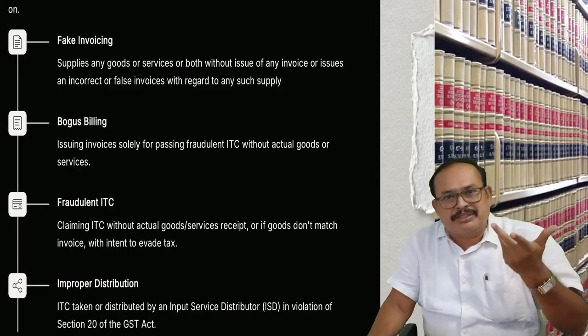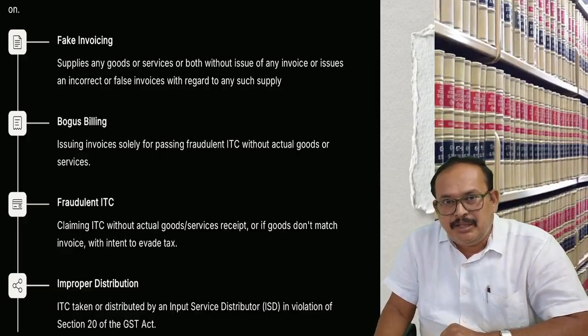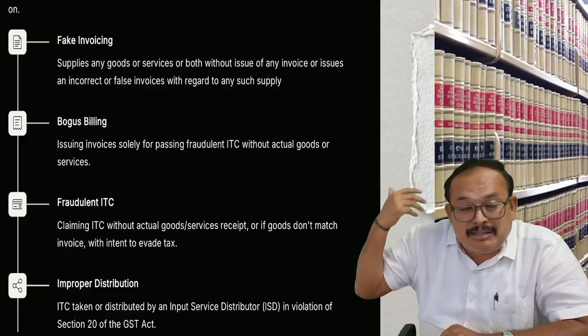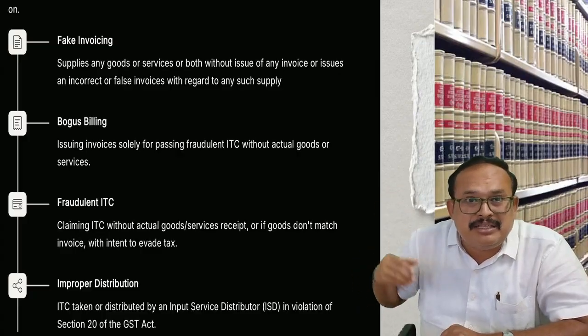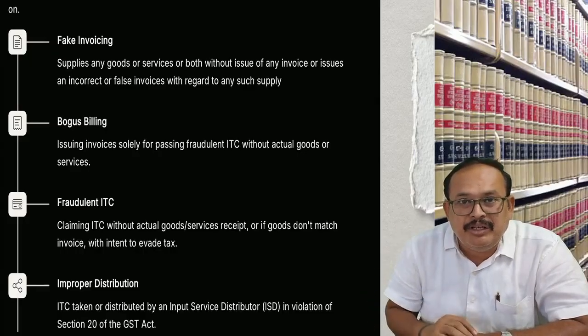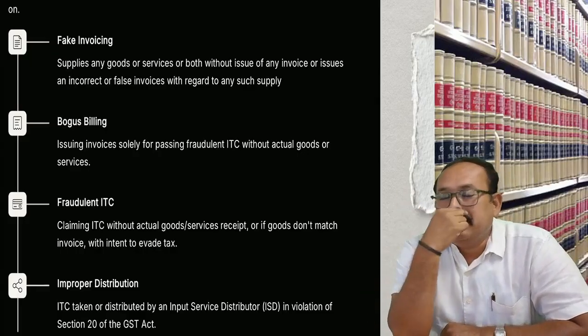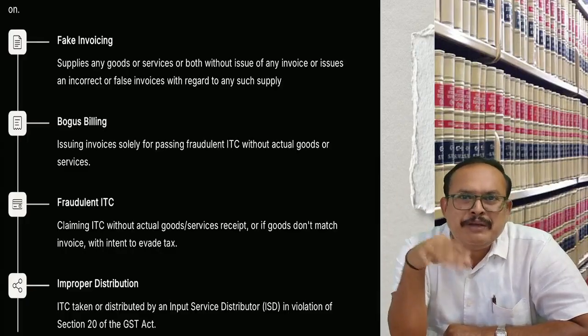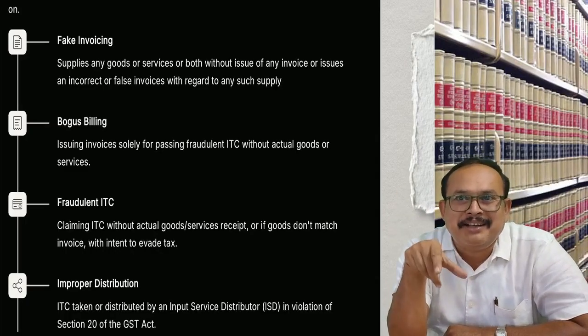From where did you get that much credit? But I am really innocent as a taxpayer. My mastermind, the tax advisor, only told me to do it like this. The department catches hold. I say, see, my GST consultant only told me to do so. Proof is there, whenever I met the GST consultant, I recorded the data.